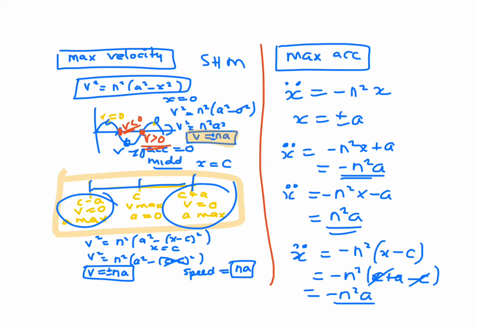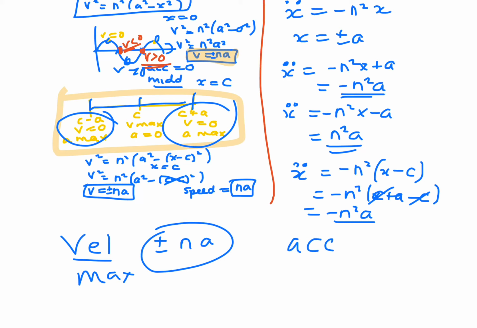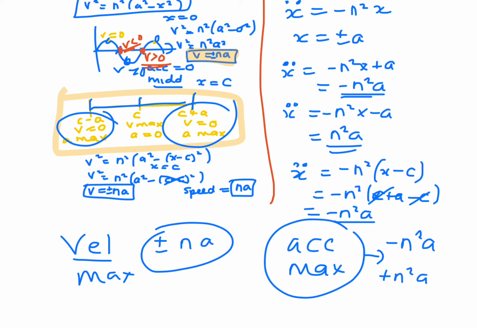So maximum velocity is plus or minus na, and maximum acceleration will be at the endpoints. So it's minus n squared a or plus n squared a, depending on what endpoint we're actually at.